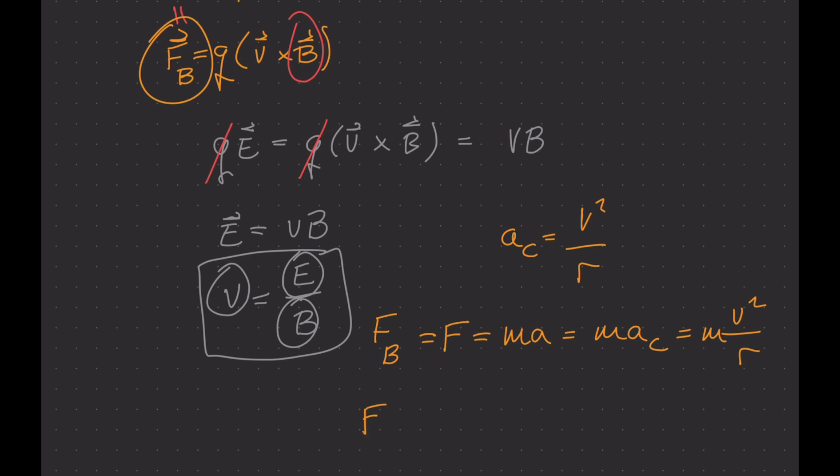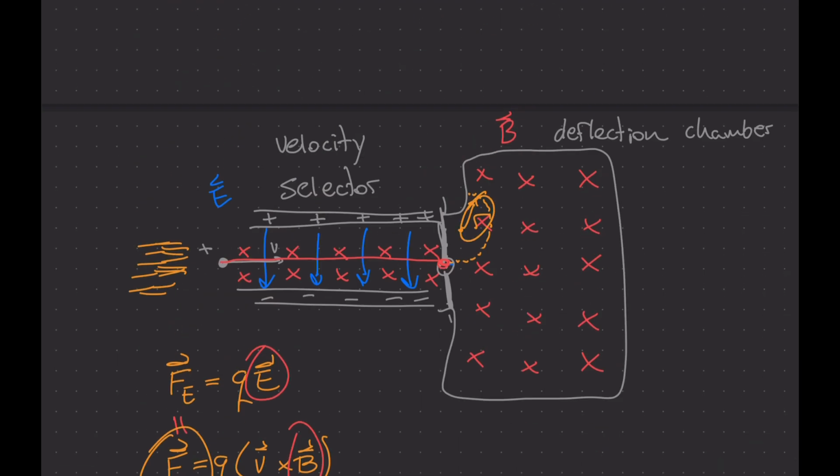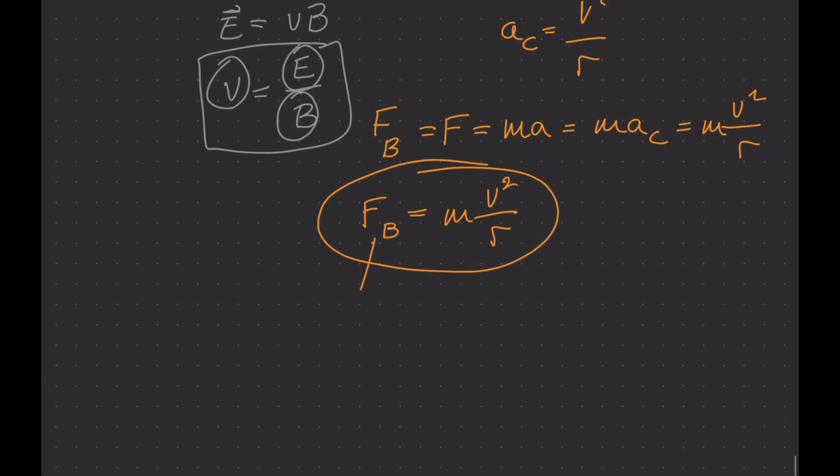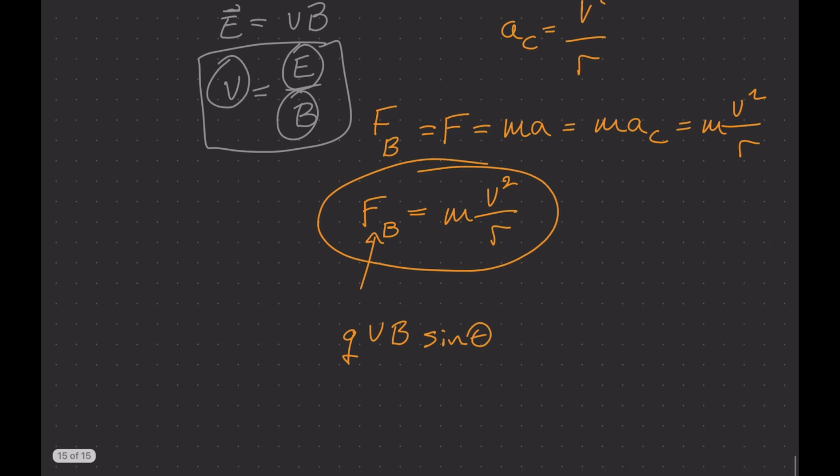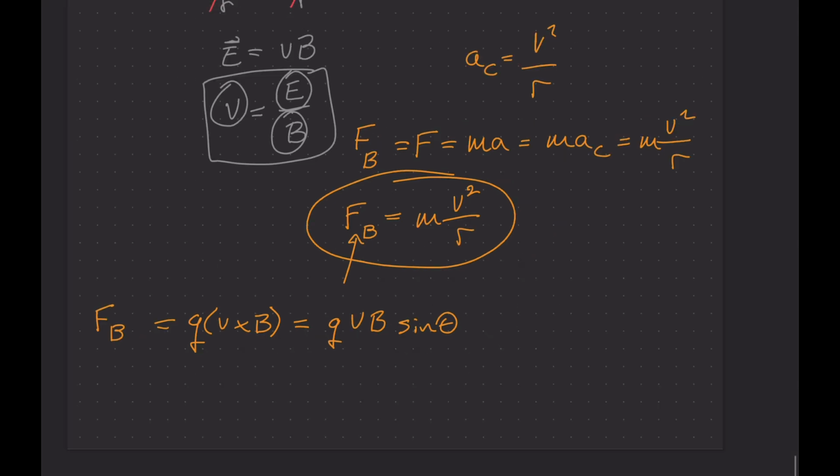So basically, you have F_B equal to mv squared over r. And this is an equation that can tell you what the radius of curvature for this particle in the deflection chamber is, right? If you want to find F_B, you could just do qvB sine theta, right? That comes from qv cross B. And that comes from the force due to the magnetic field.